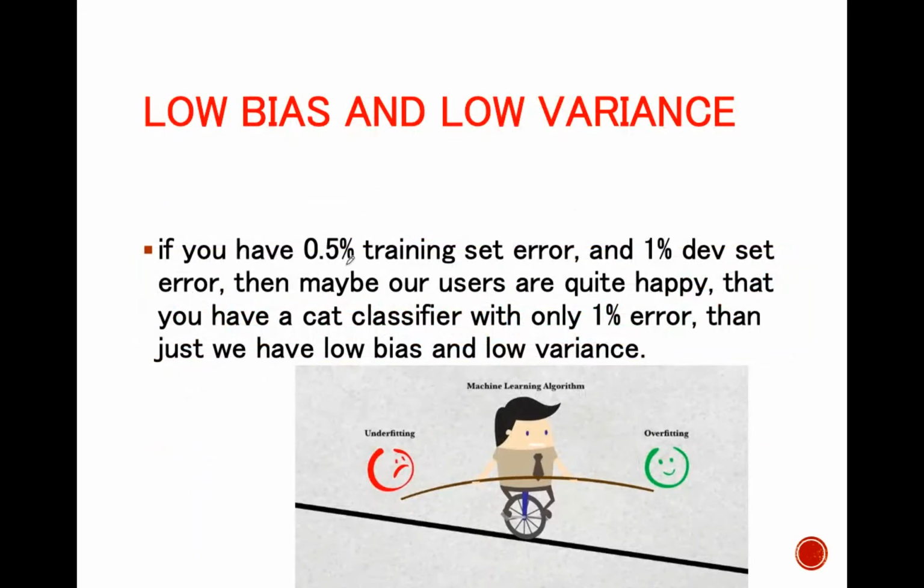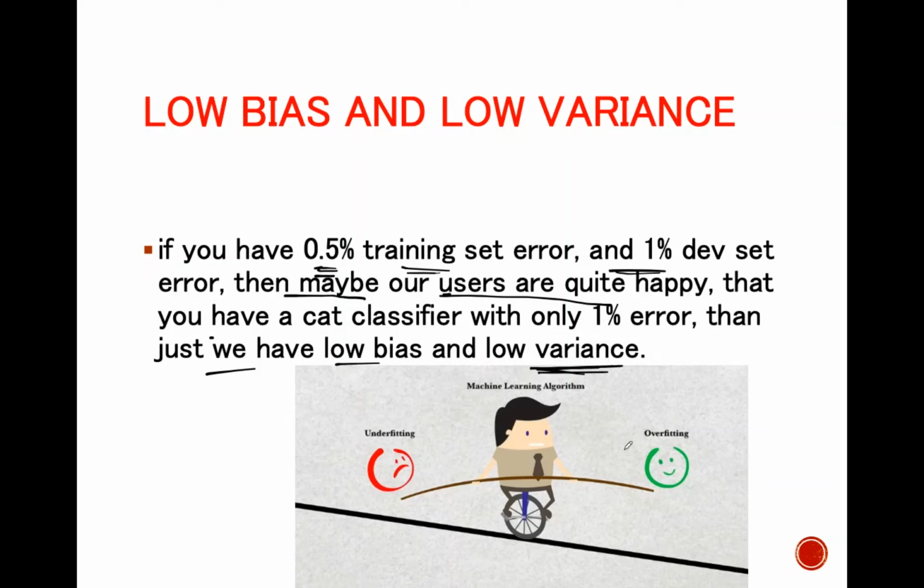If you have 0.5% training set error and 1% dev set error, then maybe users are quite happy, and we just have low bias and low variance. But that's not always true. We should have the proper fit of the model.